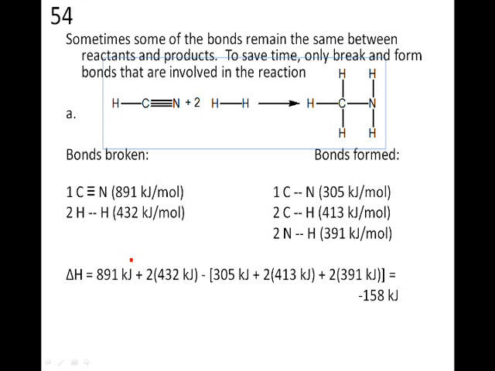Notice that some of the bonds remain the same between reactants and products. The book suggests that sometimes if you want to save time, you could only break and form the bonds that are involved in the actual reaction. That way, if you include them on both sides of the reaction, they will, of course, cancel each other out. So in this particular problem, there was one carbon-nitrogen triple bond and two hydrogen-hydrogen single bonds. Oh, there they are.